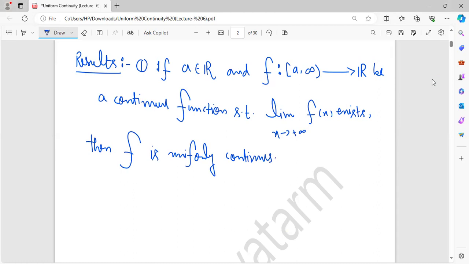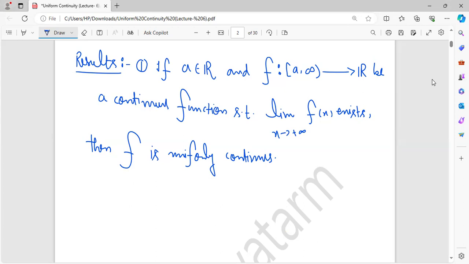Now see that if a belongs to R and you are taking the closed interval [a, infinity) whose codomain is R, a continuous function such that the limit exists at infinity, then f is going to be uniformly continuous. But this is a sufficient condition, not necessary.